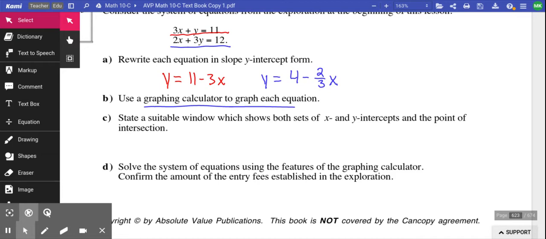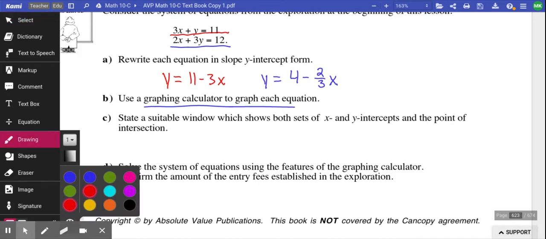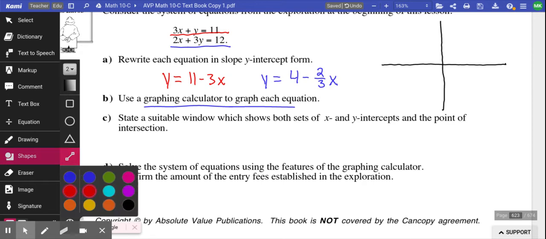Okay, hopefully, if you did that, your calculator should have given you something like this. So you would have had your window. You should have had one equation, which went kind of like this.